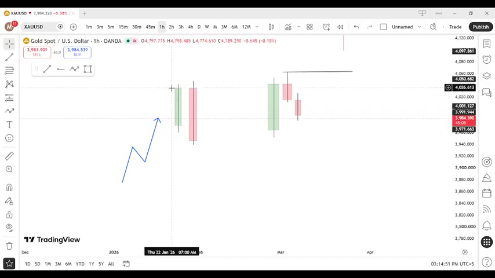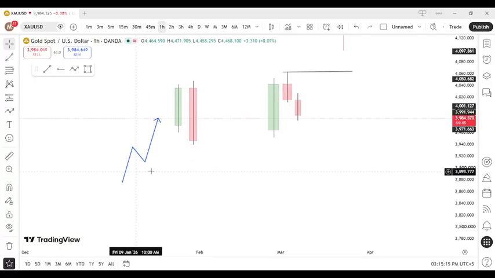This is the low of the candle, and this is the high of the candle. Now we come to the red candle. This is the opening of the red candle, this is the closing of the red candle, and this level is the high and this is the low. So every candle has four levels.